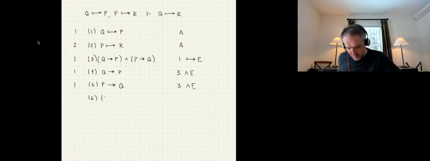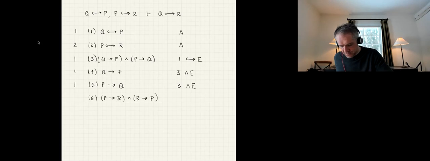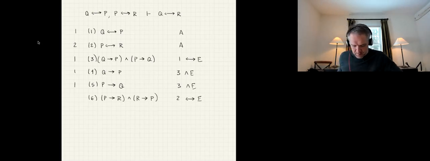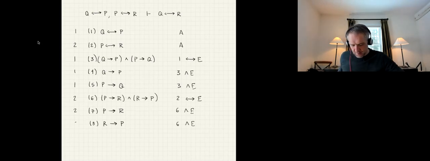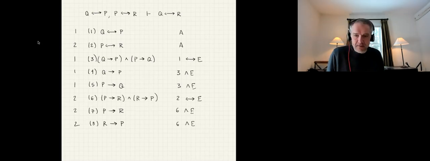So P if and only if R becomes if P then R, and if R then P. That's line 2, biconditional elimination. And then again, if P then R, 6 and elimination. If R then P, 6 and elimination.